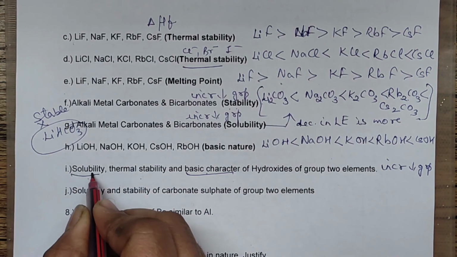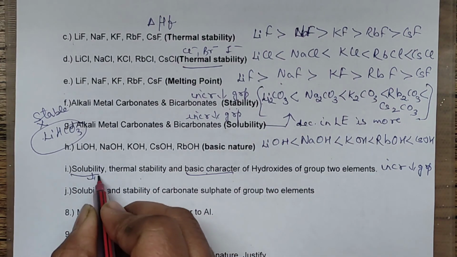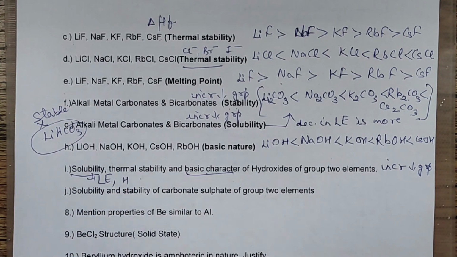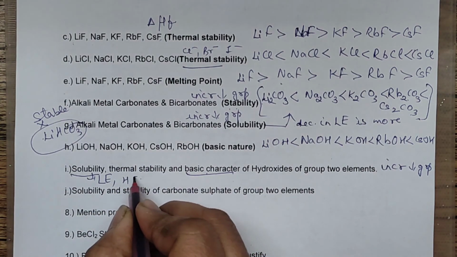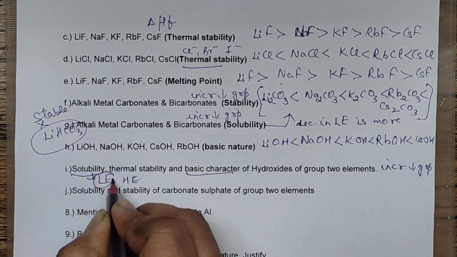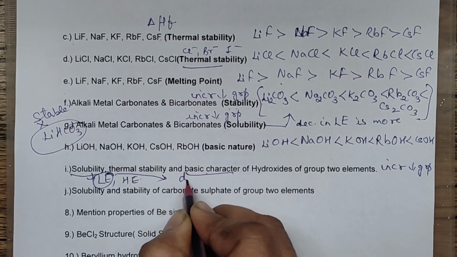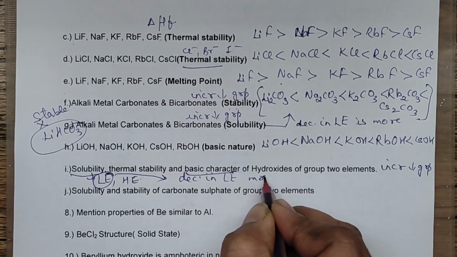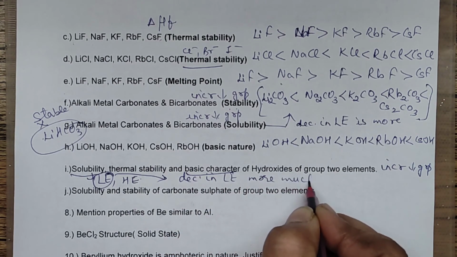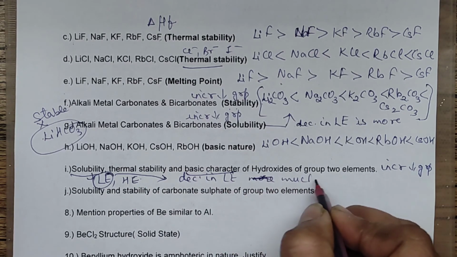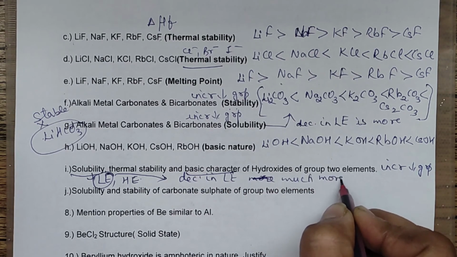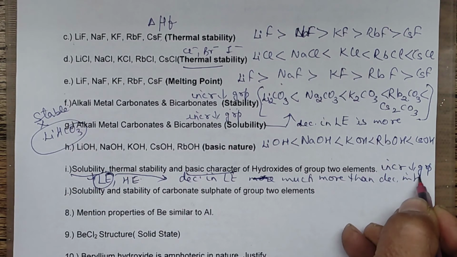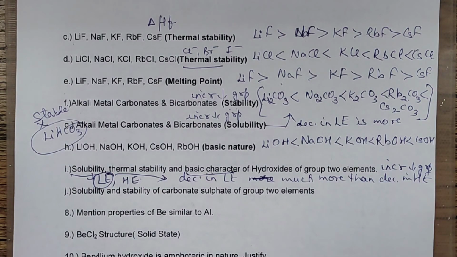Solubility increases for the same reason: both lattice and hydration enthalpy decrease down the group, but the decrease in lattice enthalpy is much more than the decrease in hydration enthalpy. Right?